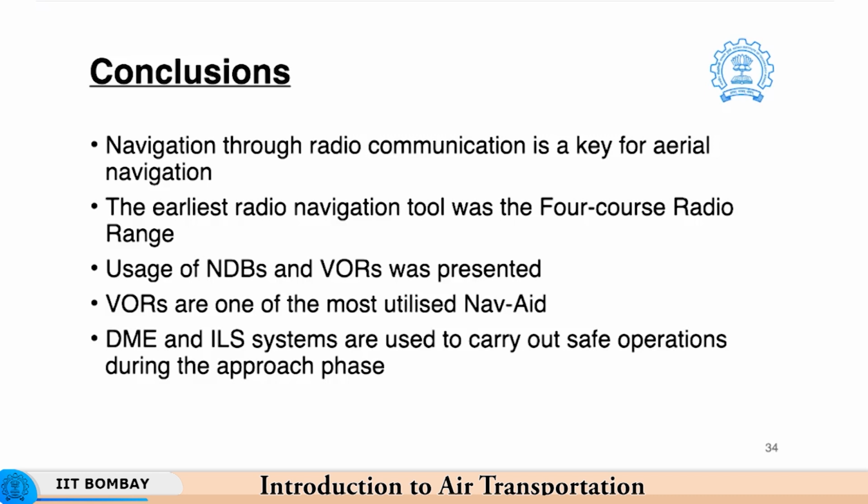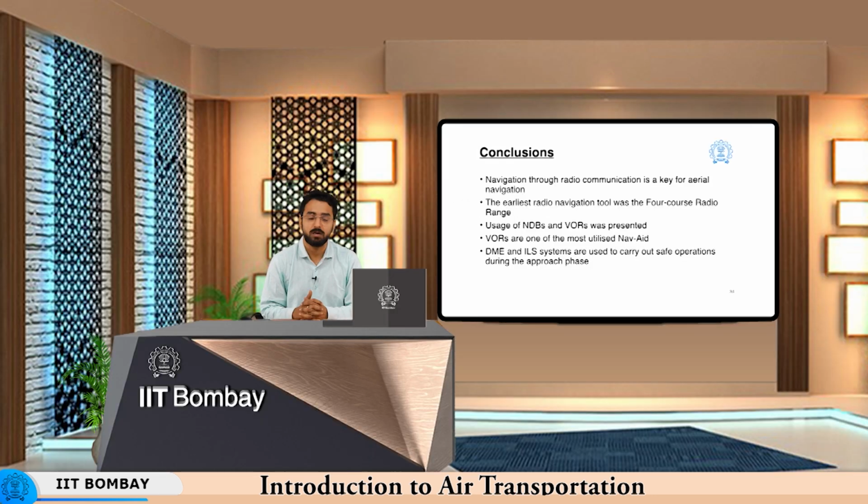The earliest radio navigation system used to carry out air navigation was called the four-course radio range. Subsequently, the aviation industry ventured on to other instruments, initiated by the usage of NDBs and VORs, and this presentation has provided details related to the usage of these two basic radio navigation equipments.